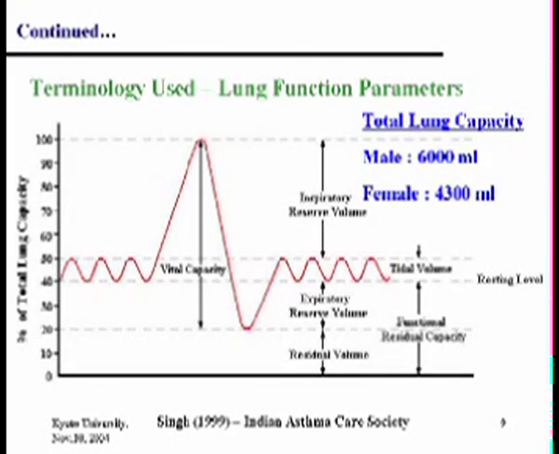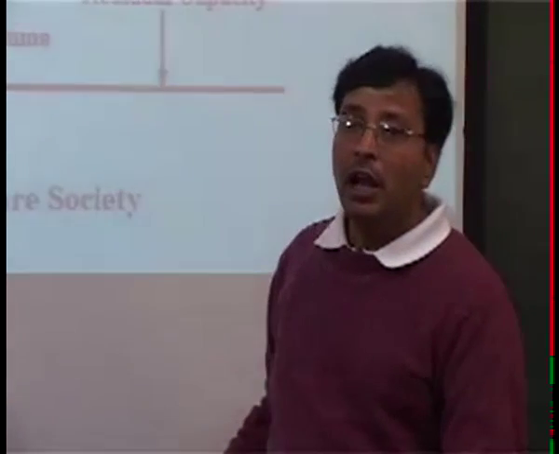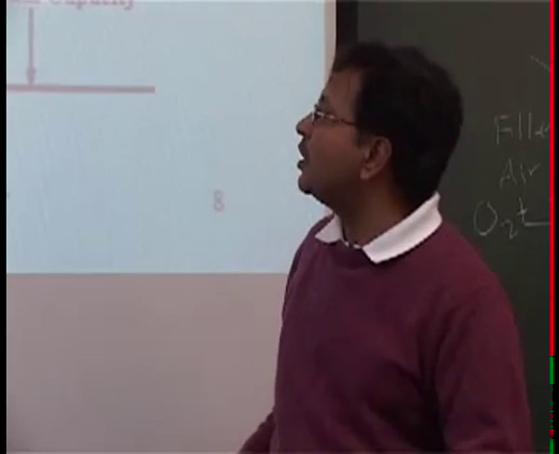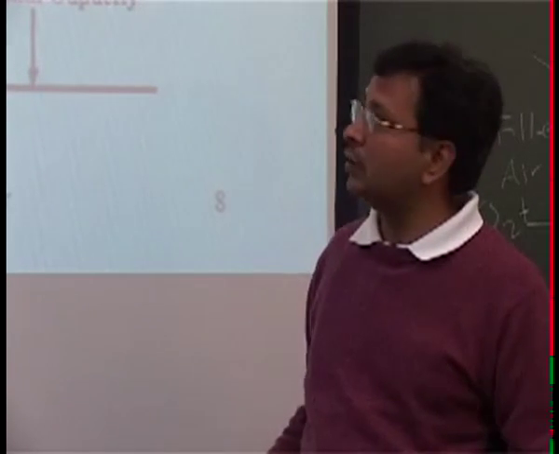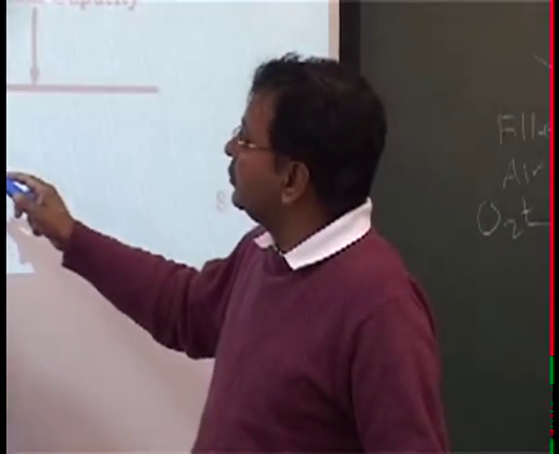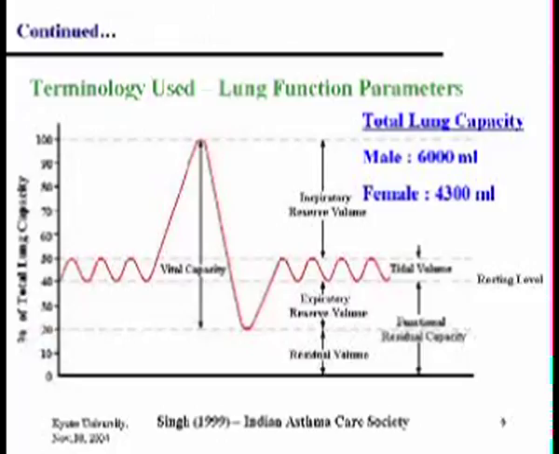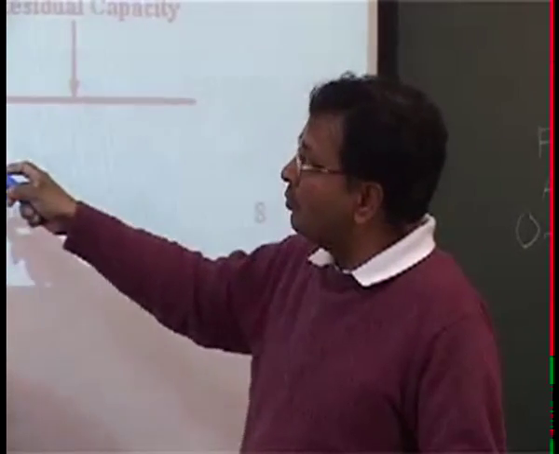From this point, if I ask a person to exhale as much air as possible, then if this point is the same as this one, the maximum that he can exhale from the normal operation is this volume, right?